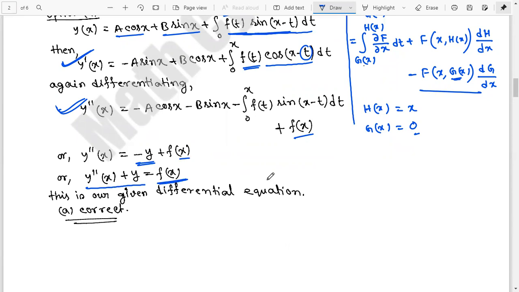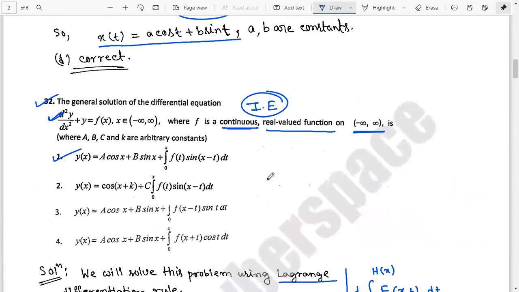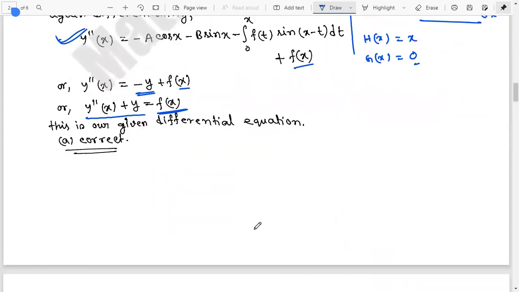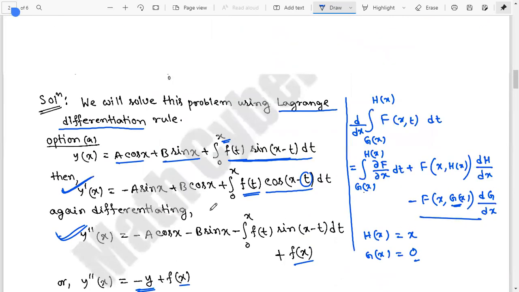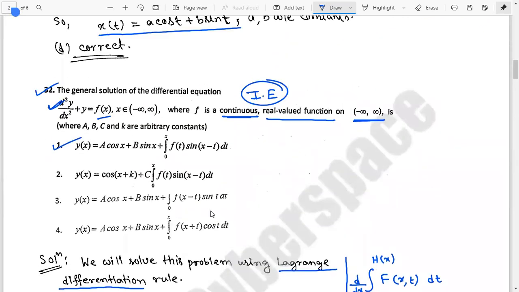If we look at the given differential equation, d²y/dx² plus y is equal to f(x). So in the first option we are getting the correct differential form. So option 1 will be the correct option.